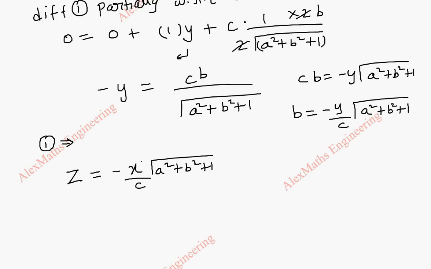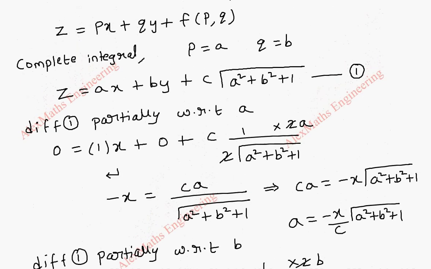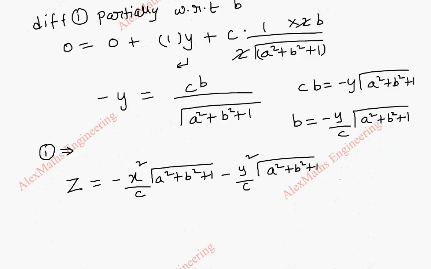Then again we have into x, I put whole square. Then plus by. b is minus y by c root of a square plus b square plus 1 into y. So I take y square. The last term is c root a square plus b square plus 1.